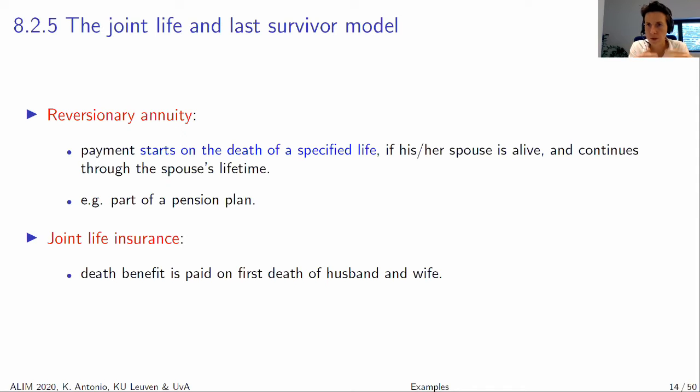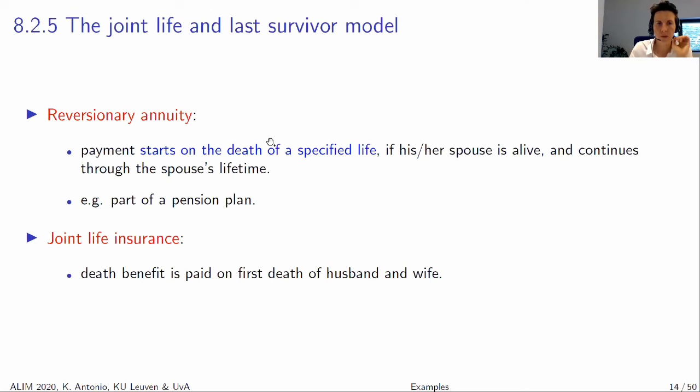In Dutch, I would call that een wezenpensioen of een partnerpensioen, for instance. So that is an annuity that starts to pay upon the first death among a couple, and that will go on as long as the last surviving partner is alive. You can also think about insurance products designed for couples or for multiple lives, where death benefits will be paid, for instance, on the first death or on the second death, or whatever you want to design.